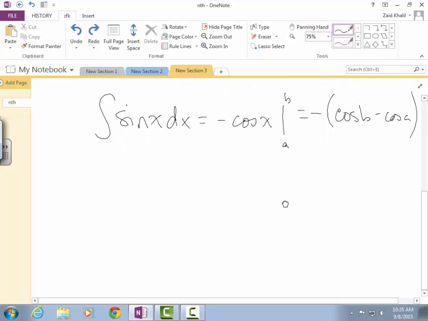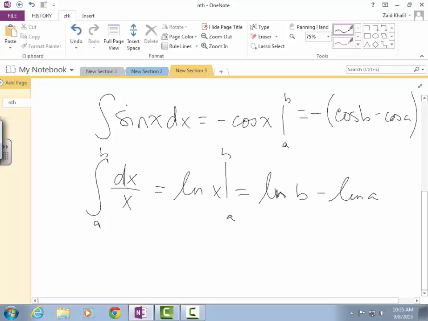And then there's the integral of 1 over x dx from a to b, which is ln of x from a to b, equal to ln of b minus ln of a. And then of course there's e to the x dx from a to b, which is e to the x from a to b, which is e to the b minus e to the a.